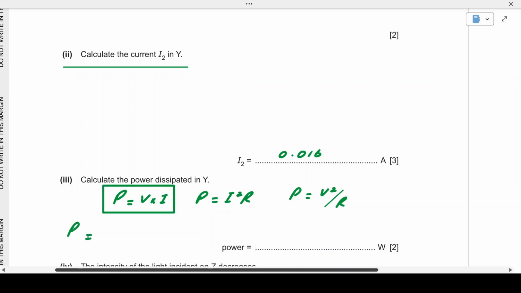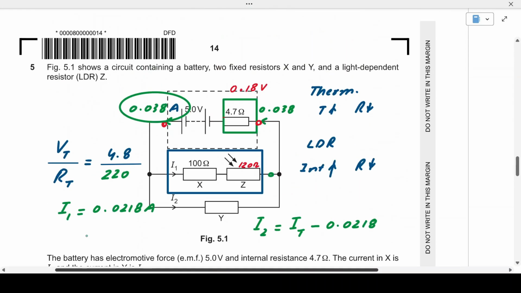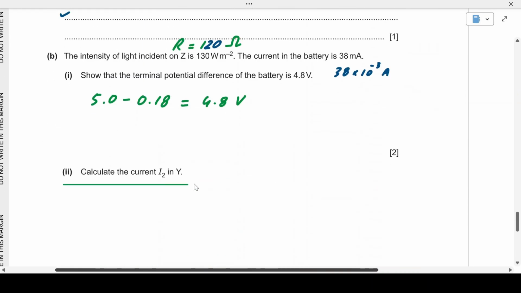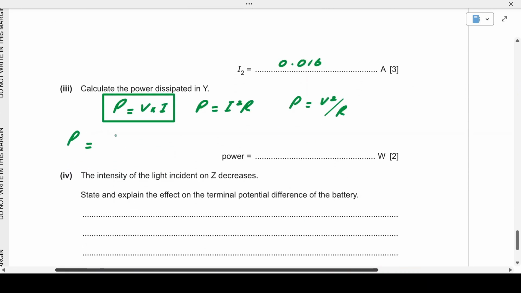So P equals to V, the voltage across this one, 4.8. Battery was rated at 5.0, but 0.2 volts, or 0.18 volts, are dropped inside the internal resistance. So the leftover voltage 4.8 is across these two and across this one. So what is the voltage? 4.8. Why not 5? Because 0.2 dropped in the internal resistance.